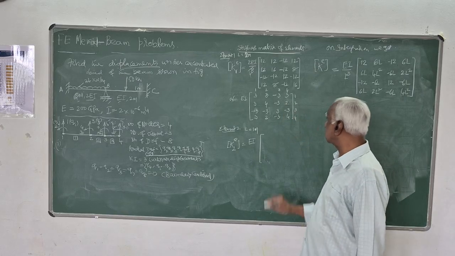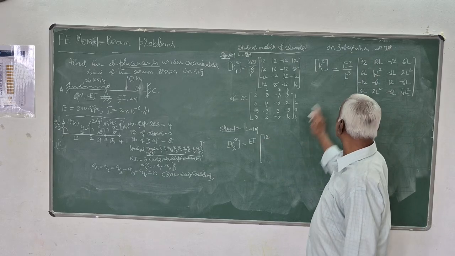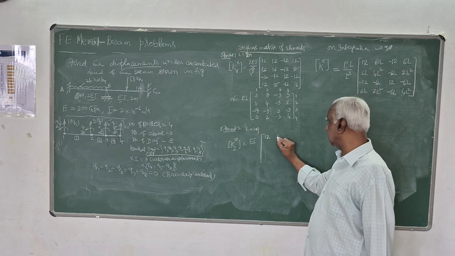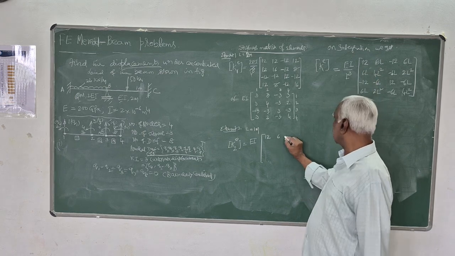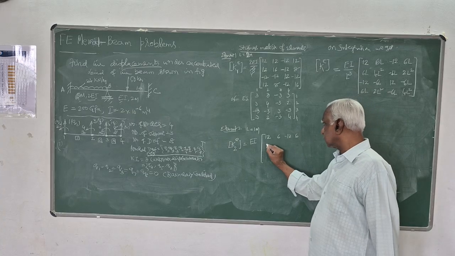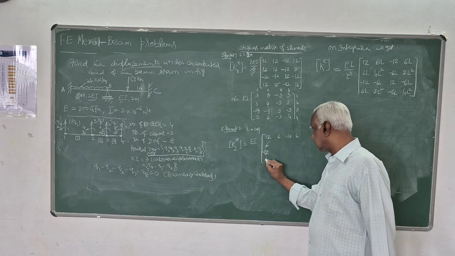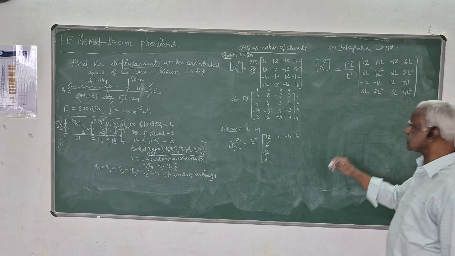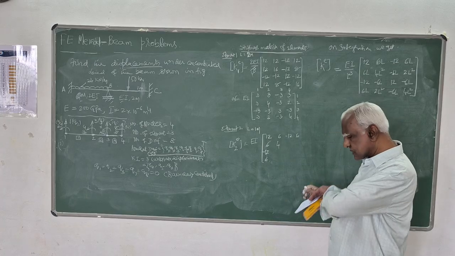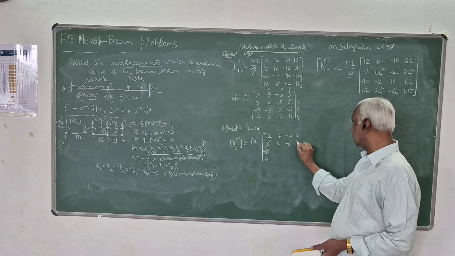EI into 12, 6 into L is 6, minus 12, 6. Then 4L squared, 4 into 1 squared is 4, minus 6L, it is minus 6, then 2L squared, 2.